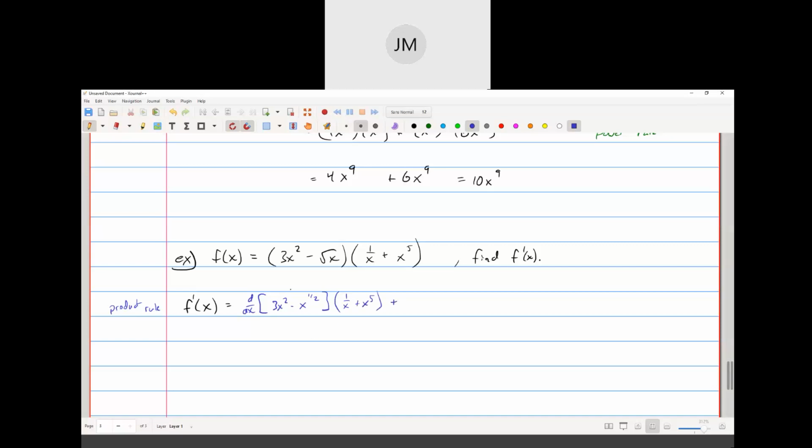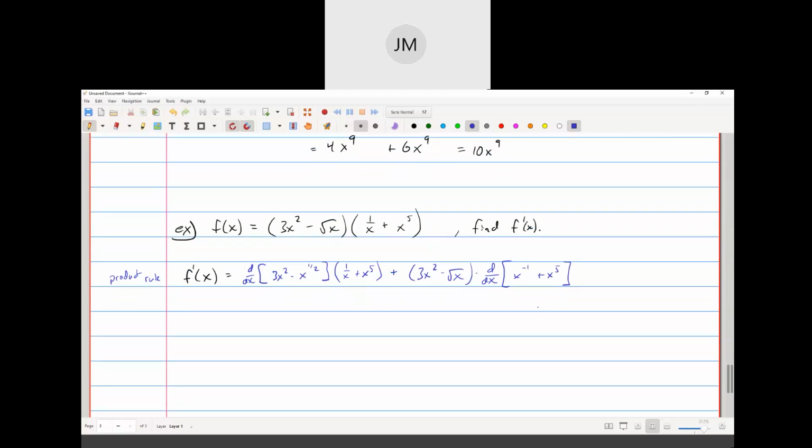And then my product rule says, okay, so I have my derivative of the first times the second plus the first left alone times the derivative of the second. And here, once again, I'm going to change this 1 over x to an x to the negative 1 power. Because then it looks better for our power rule. Okay, now let's go ahead and use the power rule.